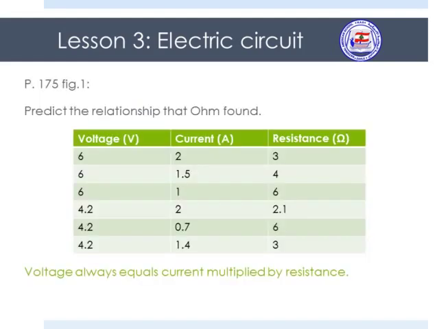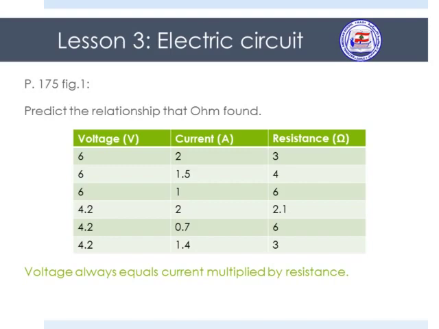Let's solve page 175, figure 1. You have the following table. From the table, you need to predict the relationship that Ohm found. Let's take the first line of the table. When the voltage is equal to 6, the current is 2 amperes and the resistance is 3 ohm.